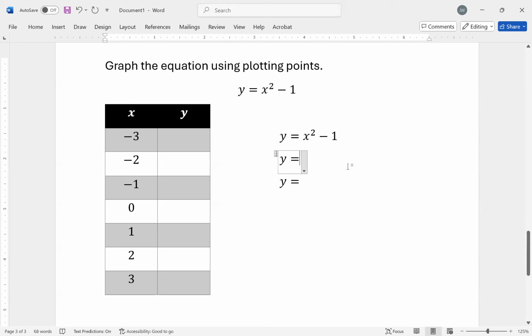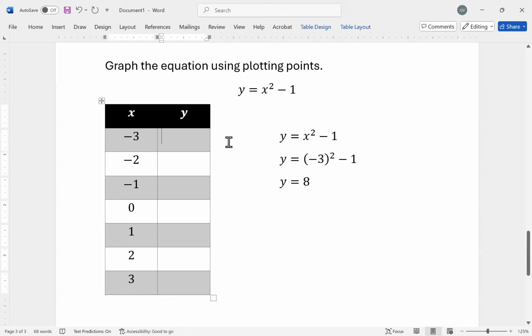So if I plug in a -3 for x, I'll plug in -3 and then square that and then subtract 1. Be careful of where you place your parentheses here because the -3 squared is -3 times another -3. It's x times x. Therefore, it's going to give me a +9 minus 1, which is an 8.